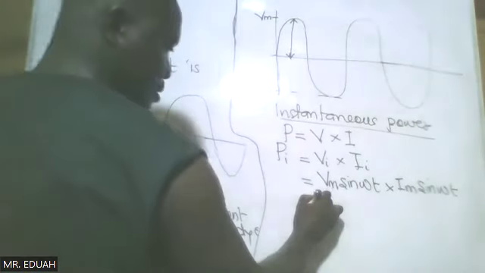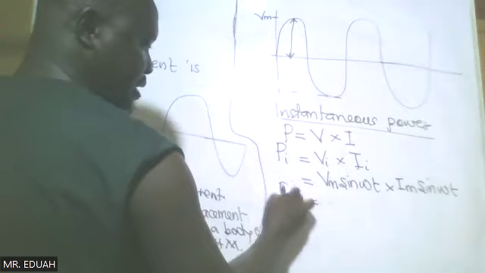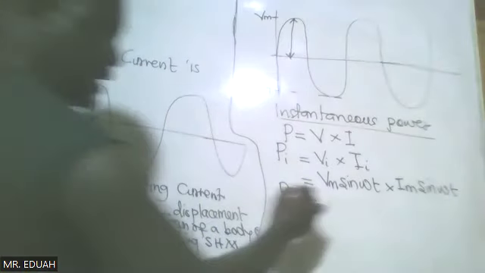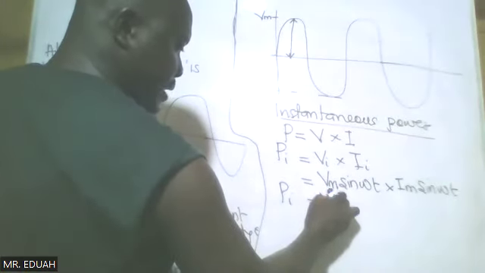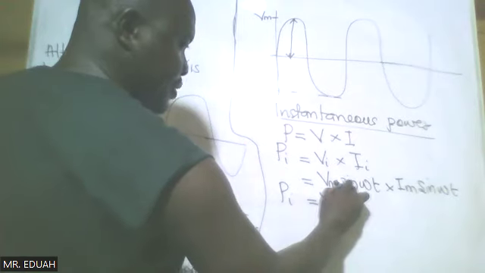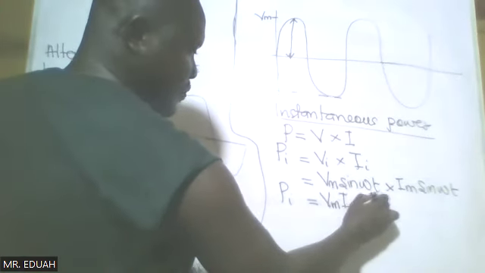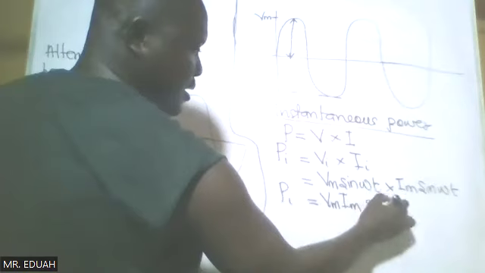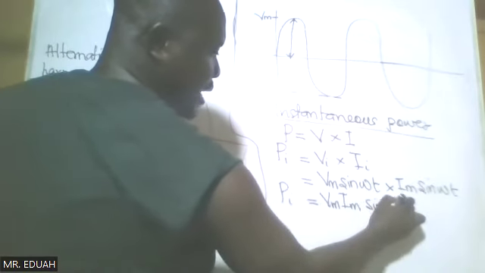So P instantaneous is given by Vm times Im sine squared omega t.